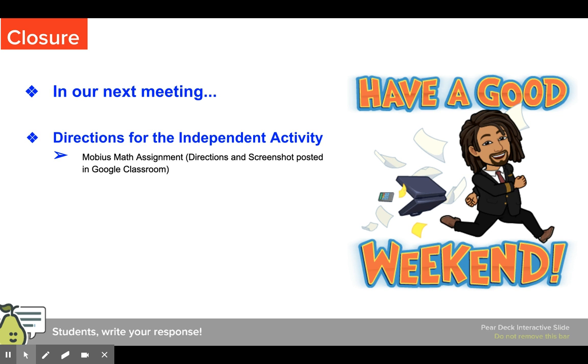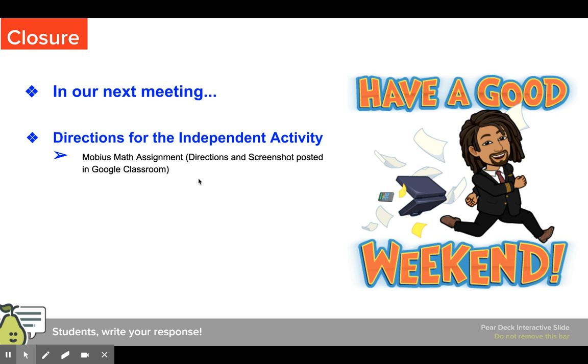I'm also going to download a copy of the Mobius Math worksheet and attach it to the assignment. That way, if you cannot log on, you can do the assignment on a separate sheet of paper and upload a picture. So again, just because the technology may not be working does not mean that you're exempt from the activity.